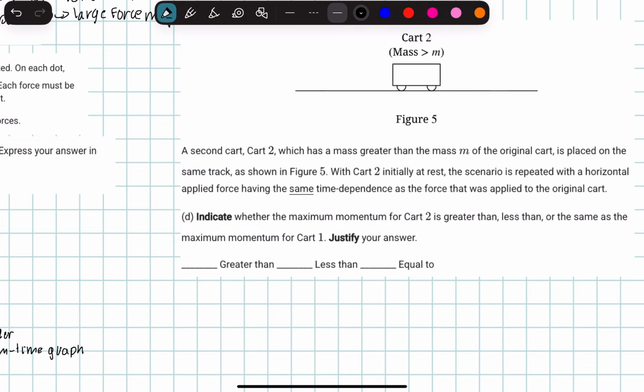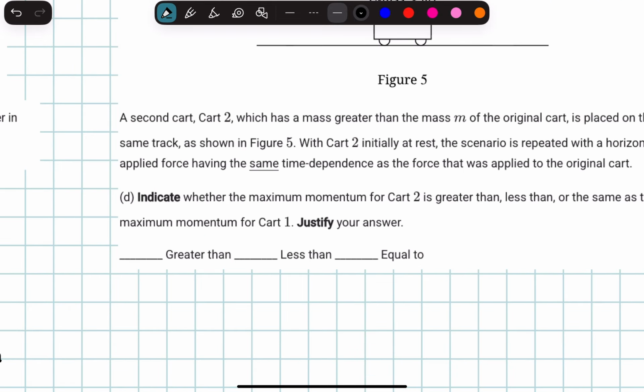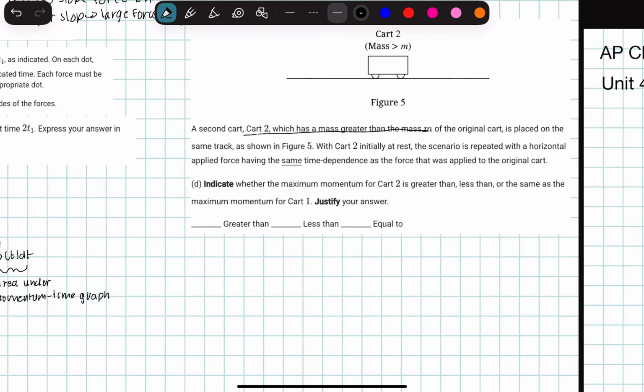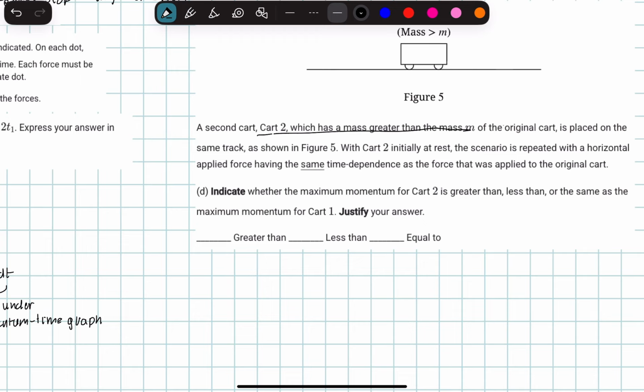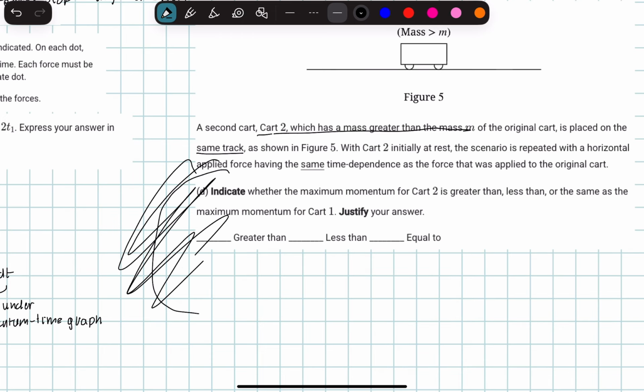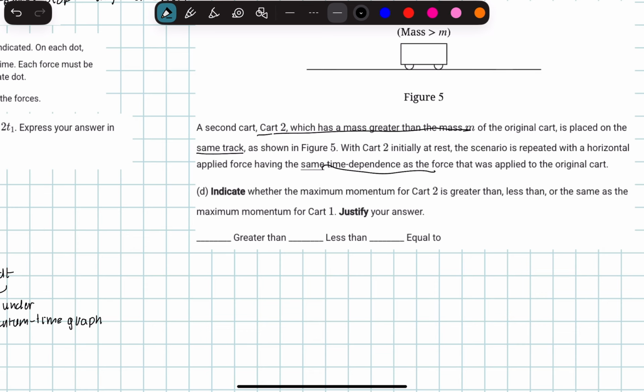Justify your answer. So cart 2, we know, has a greater mass and it's on the same track, with the same time-dependent force as cart 1.